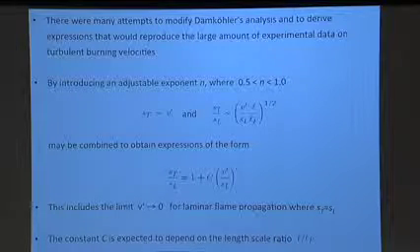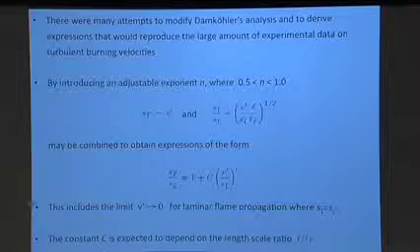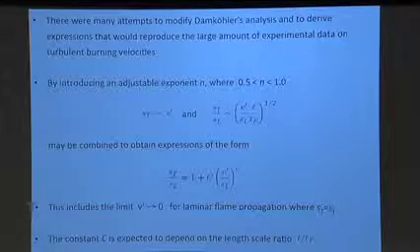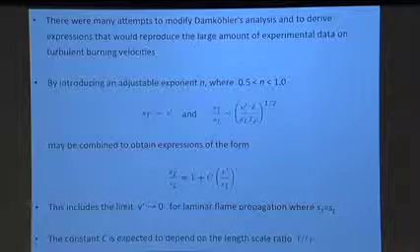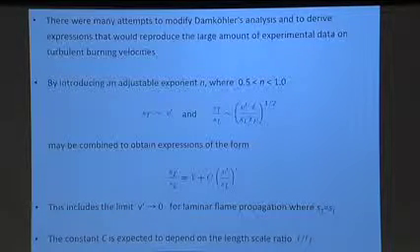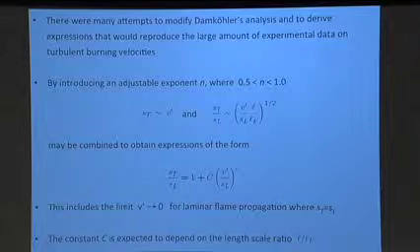What's interesting is that this is not the same as this, because here I have a length scale ratio and here there's no length scale ratio. People have always tried to correlate the data back to expressions like this, but this does not depend on the length scale ratio. The turbulent length scale doesn't appear.